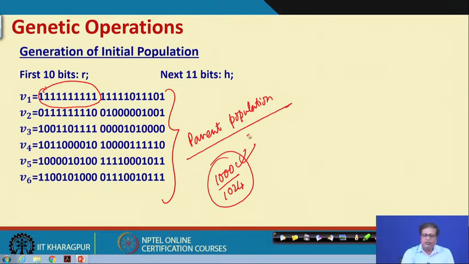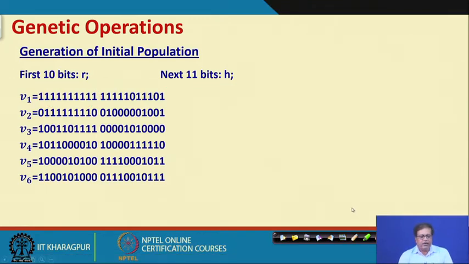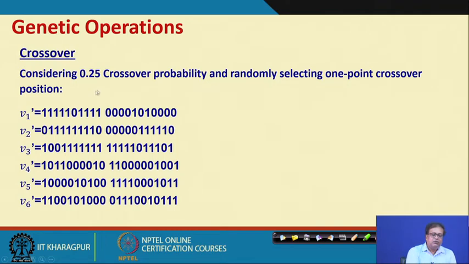What next? Next is we should do crossover and mutation. So, arbitrarily through a random number technique, we consider 0.25 crossover probability and randomly select 1 point crossover position.